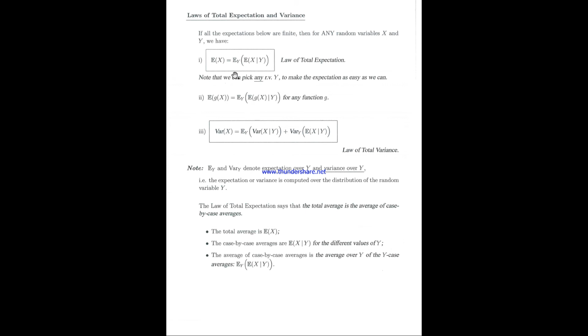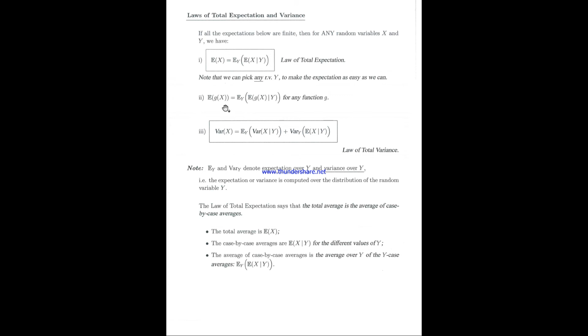Right? So when it comes to the law of total expectation and the variance, if all the expectations are finite and x and y are any two random variables, then we can write the expected value of x is equal to the expected value over y of the expected value of x given y.